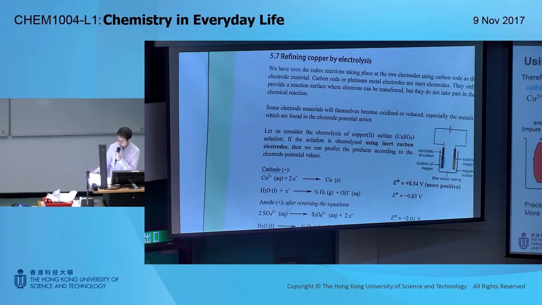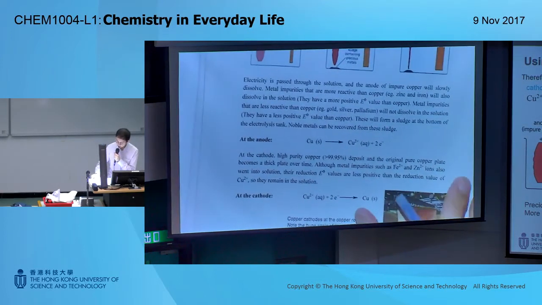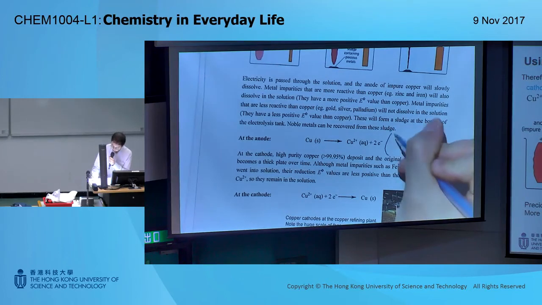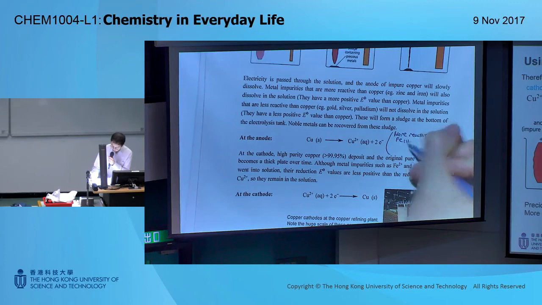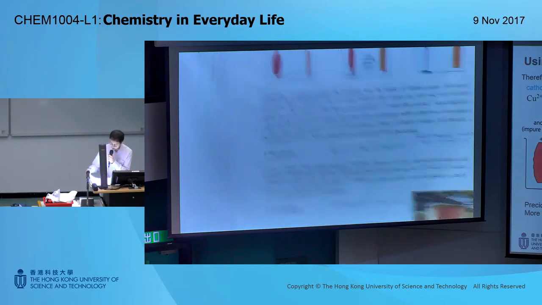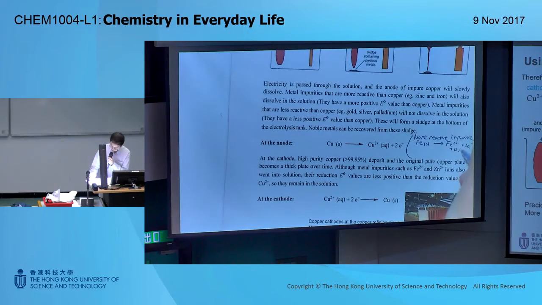So at the anode we saw already that copper would dissolve, and here if you have more reactive impurities like Fe solid, this would dissolve to Fe2 plus. This is more positive. What was it? Plus 0.45.